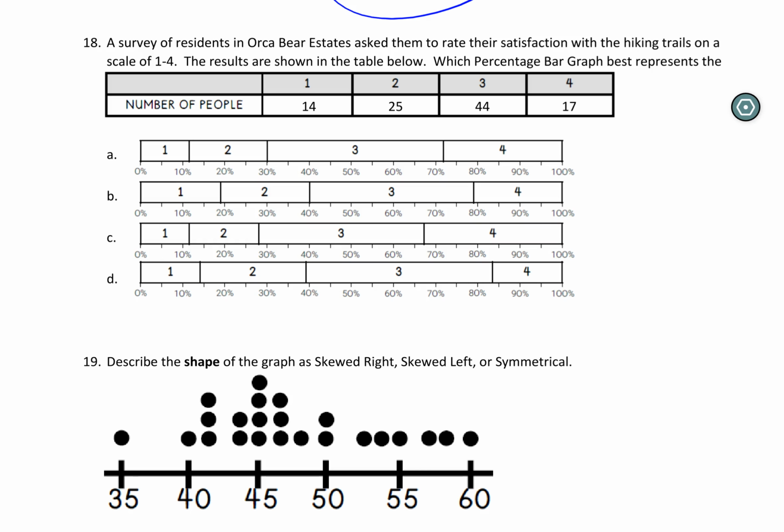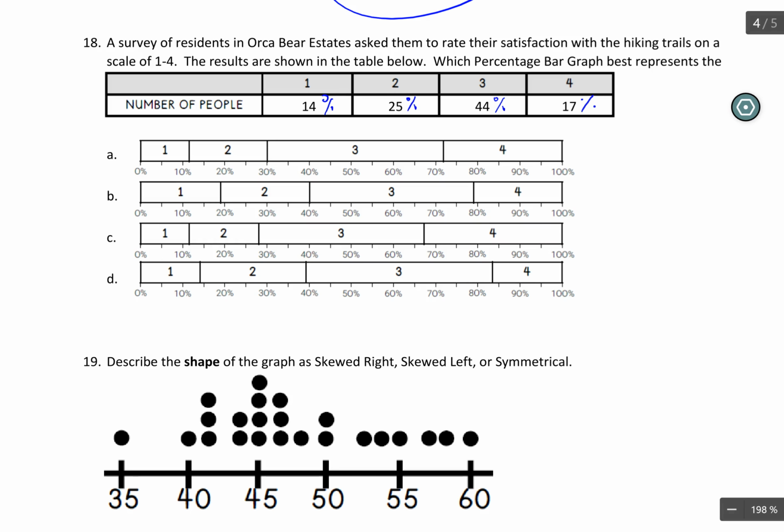Because now that I know that it's 100, it's going to make it really easy. So I know that that's the same as 14 per 100, or 14%, 25 per 100, or 25%, 44 per 100, or 44%, 17 per 100, 17%.